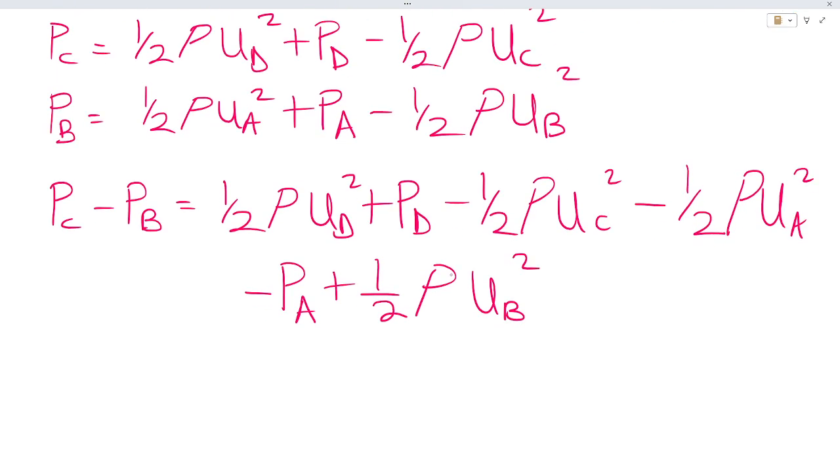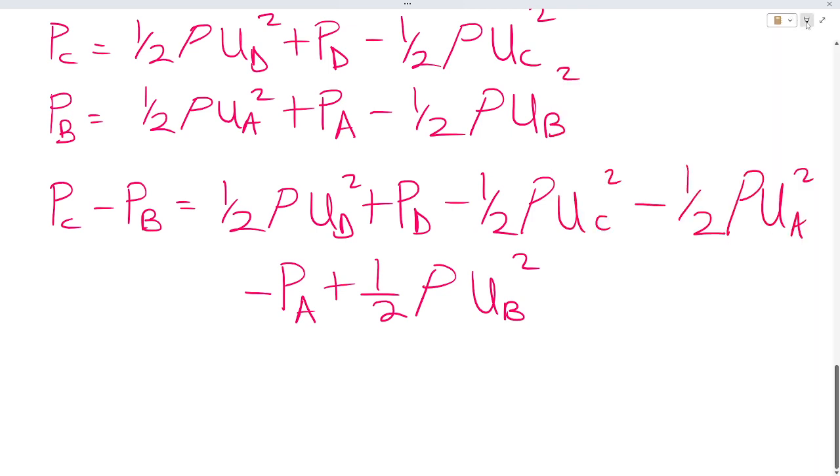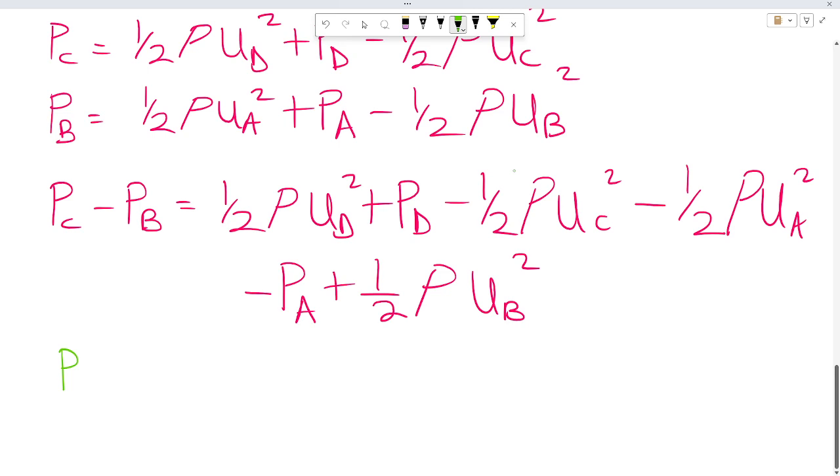And don't let us forget that PD and PA are the same, where PA equals PD. Then PD and PA cancel each other.